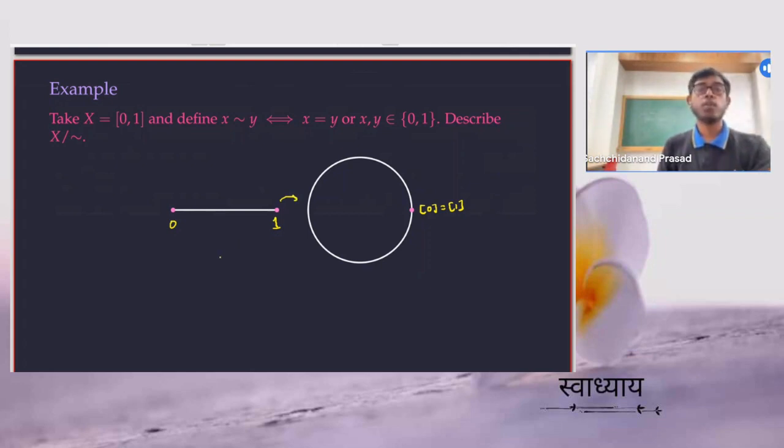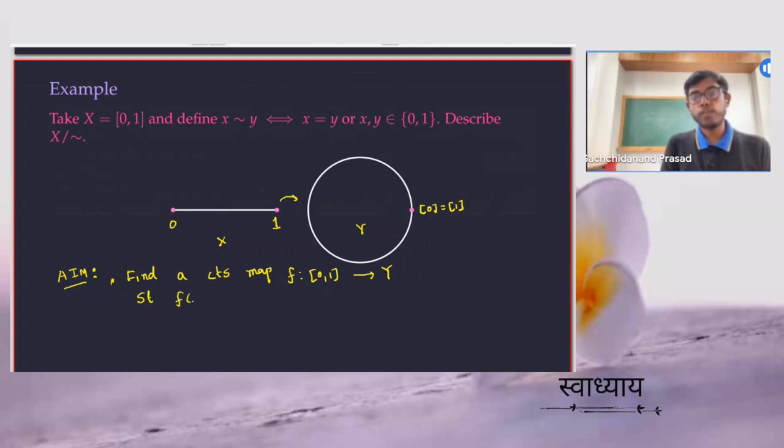Okay, so our aim is to show that this is indeed a circle. Now recall our previous theorem: if this is my X and this is my Y, I need to find a continuous map between X and Y first of all. So let me write my aim: find a continuous map f from [0, 1] to Y such that f of 0 equals f of 1.